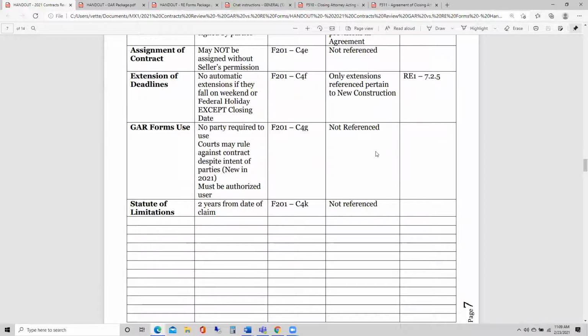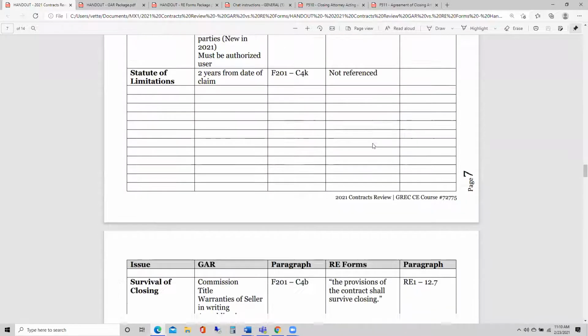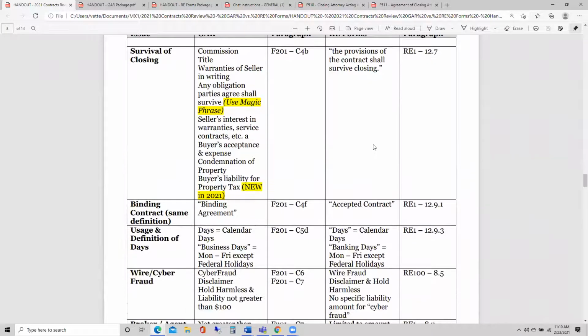Nothing is referenced in the RE forms about their use. Statute of limitations, GAR has a paragraph that there is a 2-year statute of limitations to sue the other party from the date of the claim. Statute of limitations is not referenced in the RE forms, but I believe by law there may be a 2-year date. You have to check with an attorney.